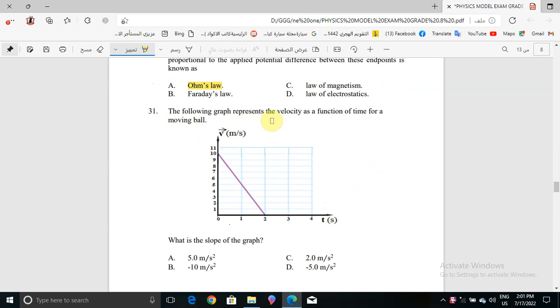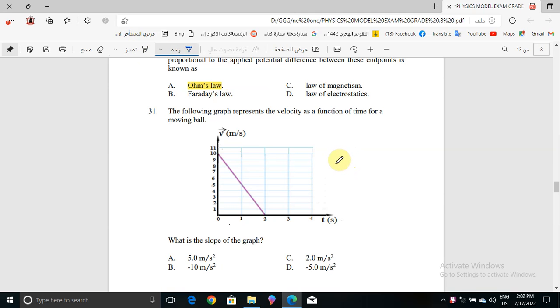The following graph represents the velocity as a function of time for a moving ball. Then what is the slope of the graph? The slope of the graph will be negative 5.0, right?